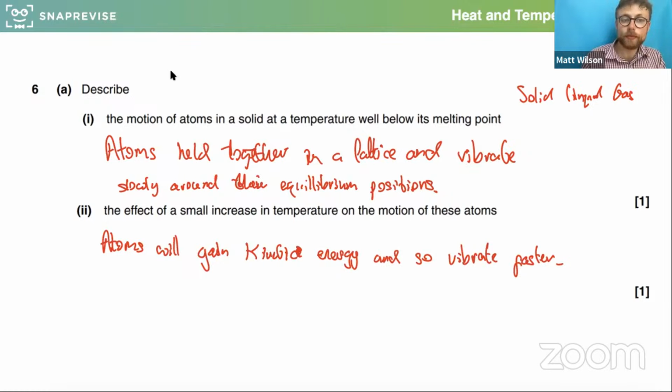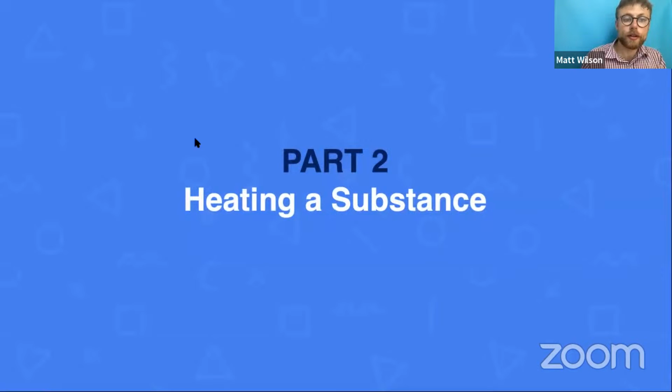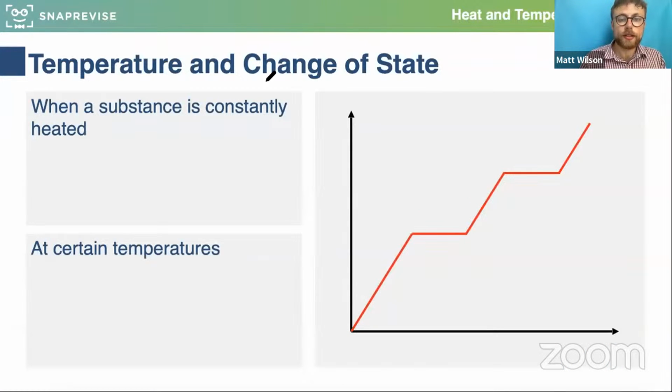So in this section, we're going to look at heating a substance, and we're going to specifically look at the different kinds of energy transfers that can happen when we're heating up a substance. Okay, so let's start by talking about temperature change and change of state.